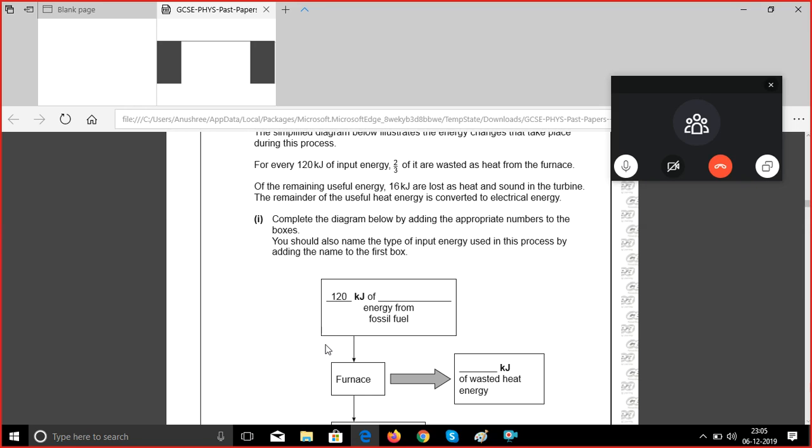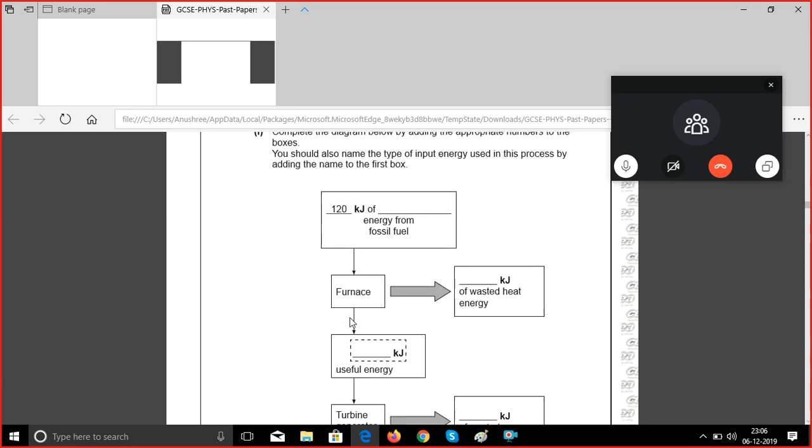Okay. The furnace produces, and so you take away 80 from 120, so 12 minus 8 is 4. So it produces 40 kilojoules of useful energy.